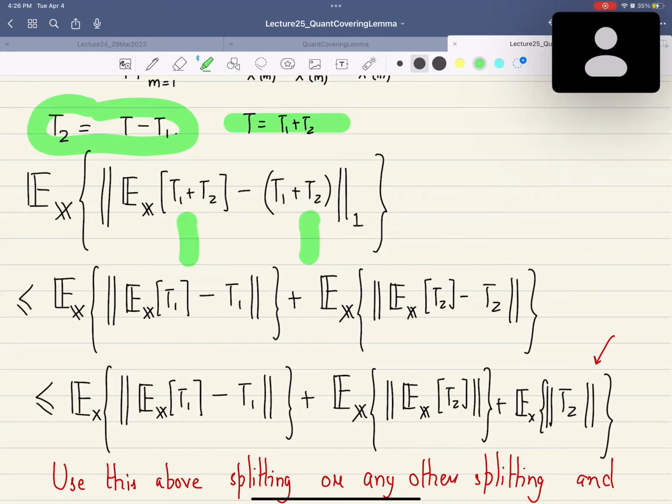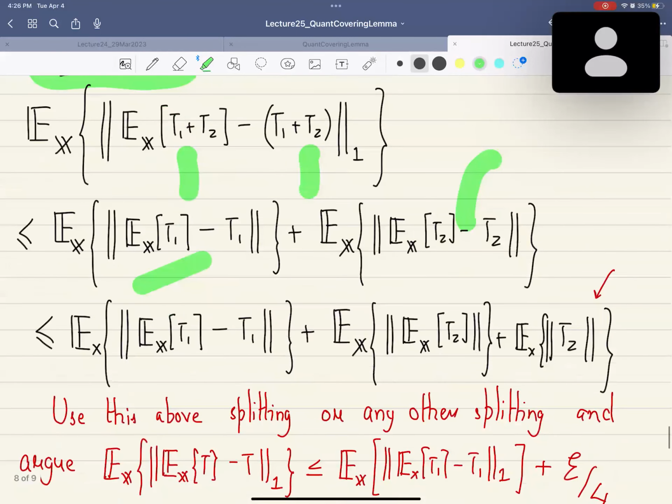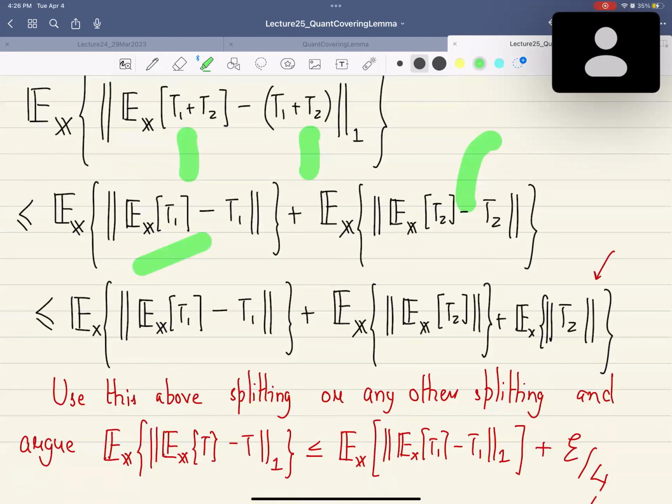I'm just going to use the triangular inequality on the L1 norm, or the trace norm, and pull out one term, T1 minus T1, T2 minus T2. The second one you don't have to worry about. You can use the triangular inequality and you will not have a problem. You will show it as small. So really what I'm left with is this term.